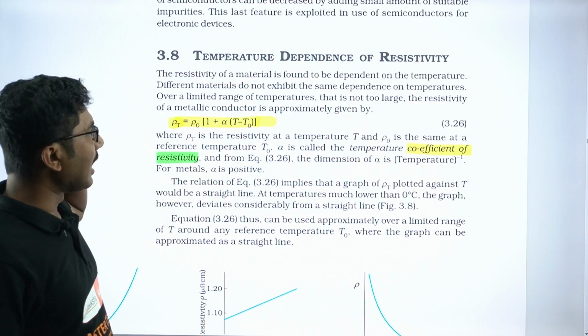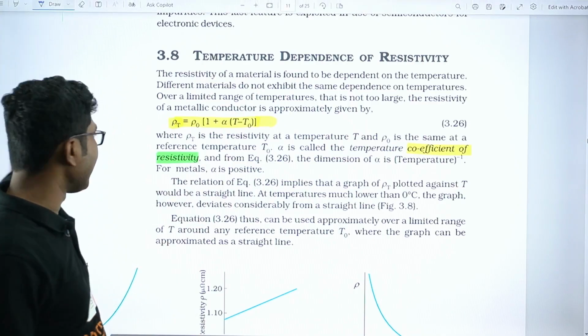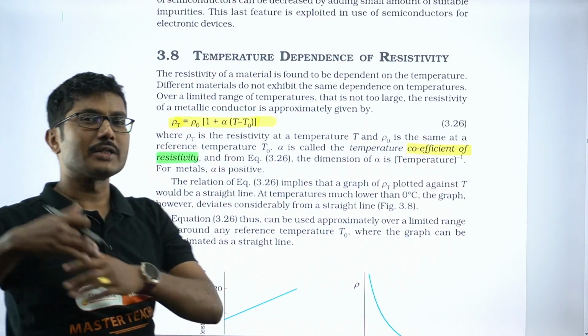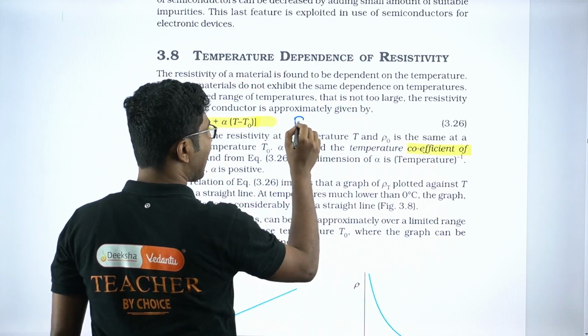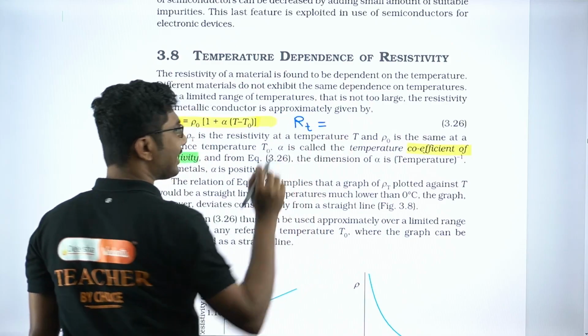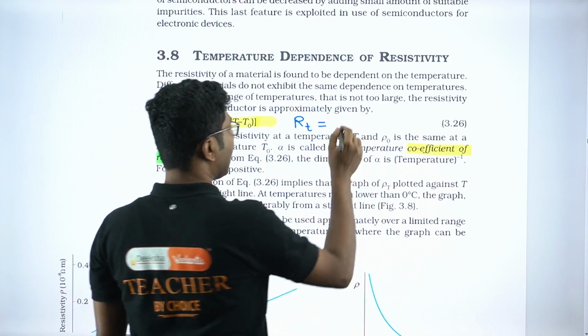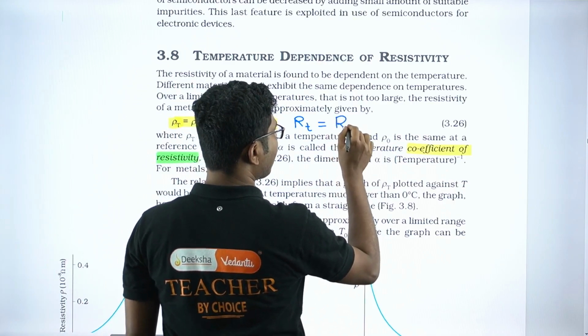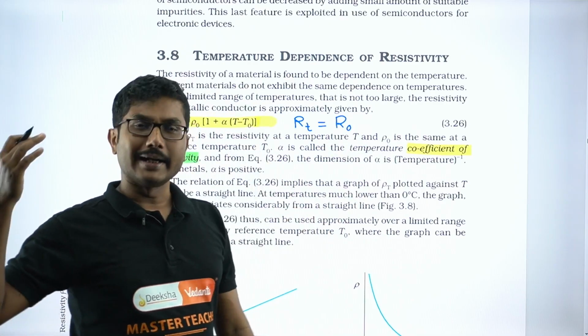One more tip is that in some cases, instead of resistivity, they may ask a question based on resistance. The same formula goes for resistance as well. RT is the resistance at a temperature, say T degree Celsius, and R0 is the resistance at room temperature, or say at 0 degree Celsius.